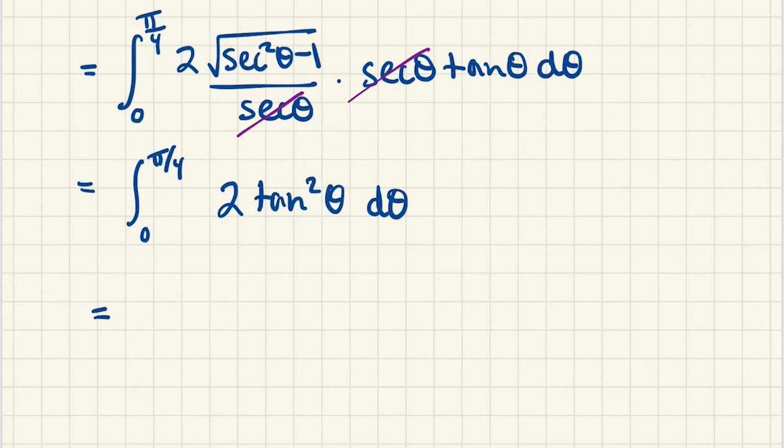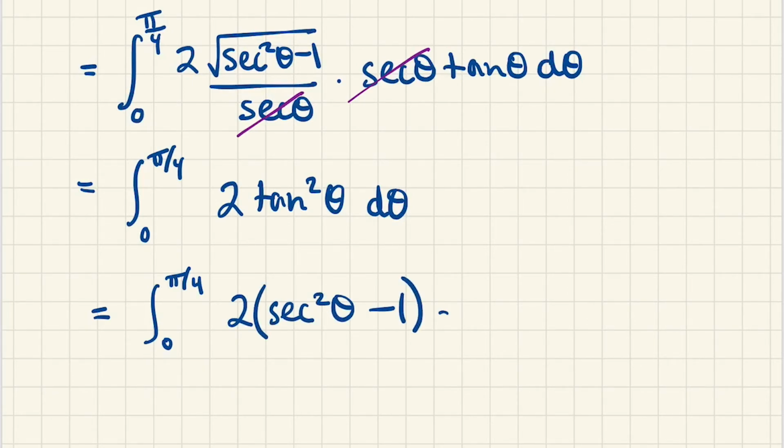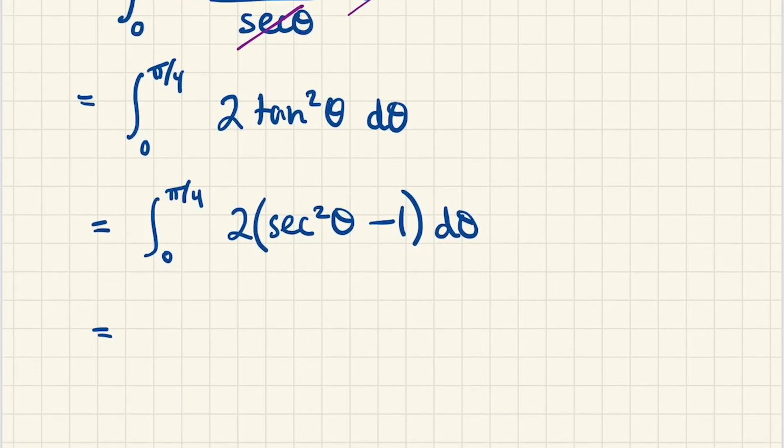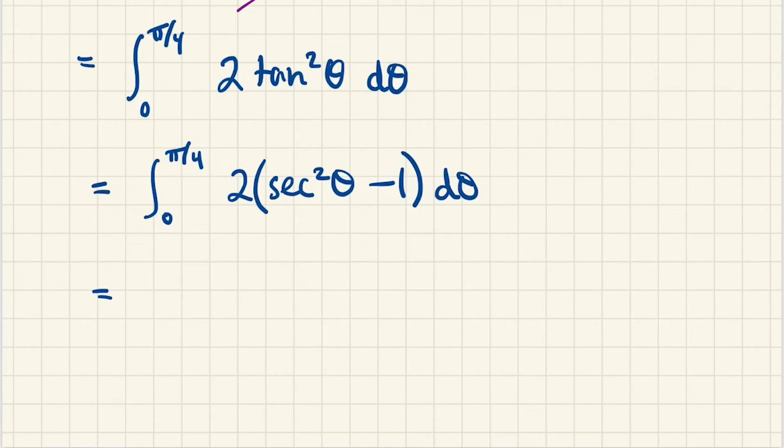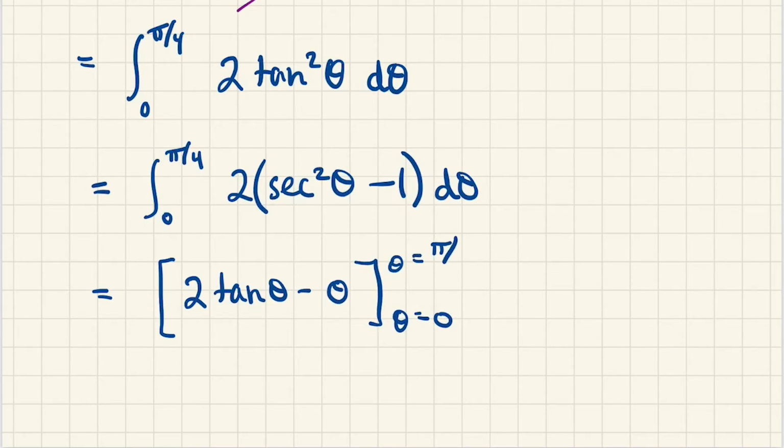Well, it's easier to write that as secant squared minus 1, because we know how to integrate secant squared. So this becomes 2 times tangent of theta minus theta from 0 to pi over 4.